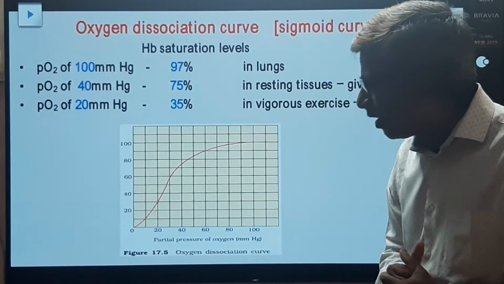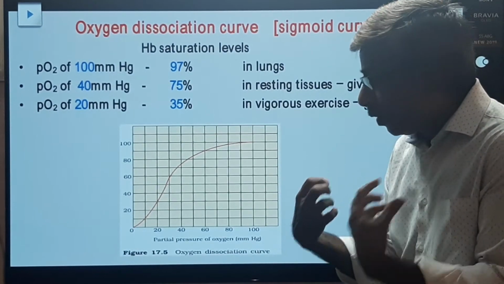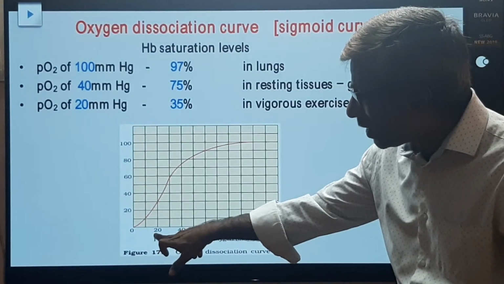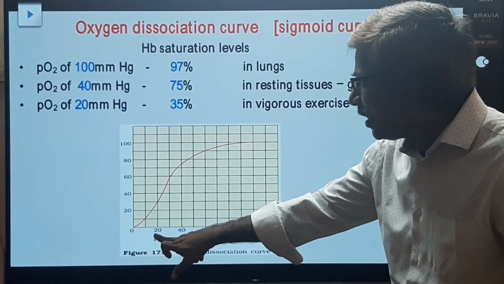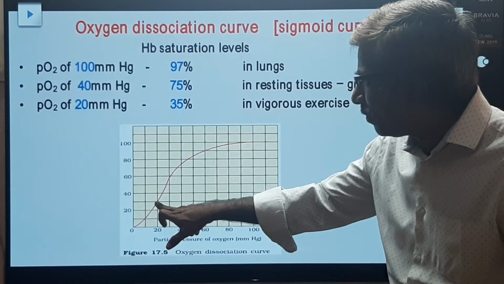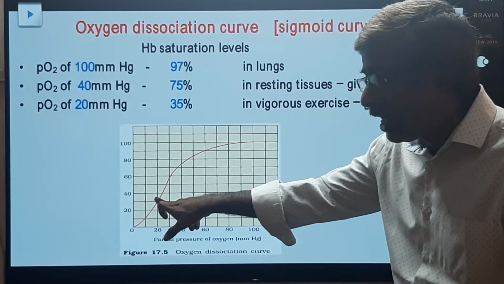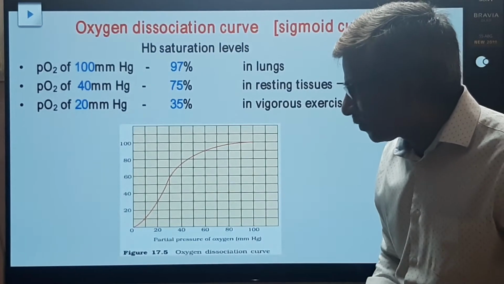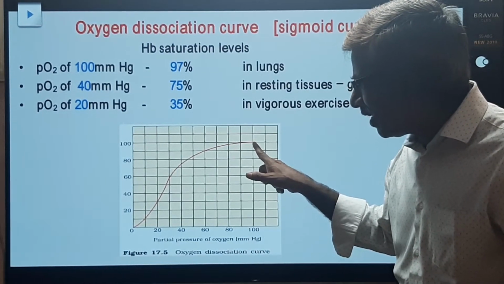Where the person is doing more exercise, in such condition oxygen partial pressure is only 20. Here at 20, saturation is only 35. Means here 62% is delivered. This is in the lungs, saturation 97.